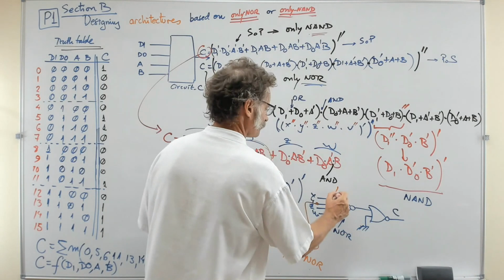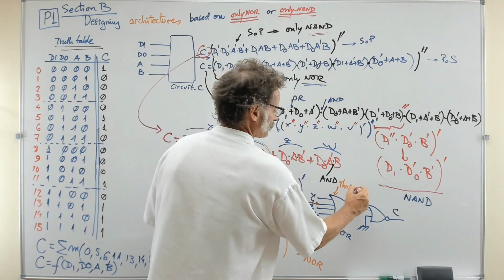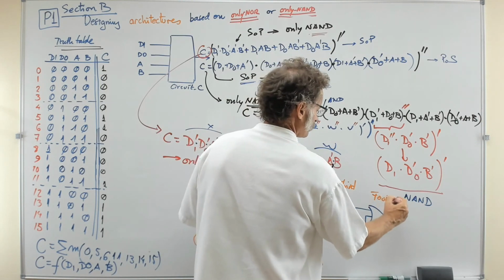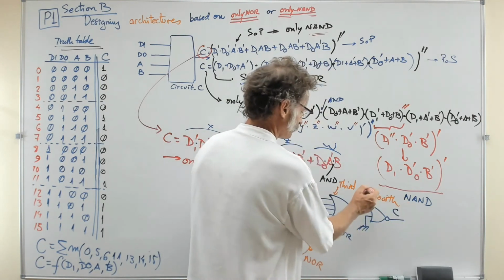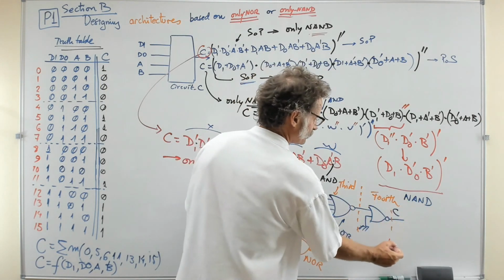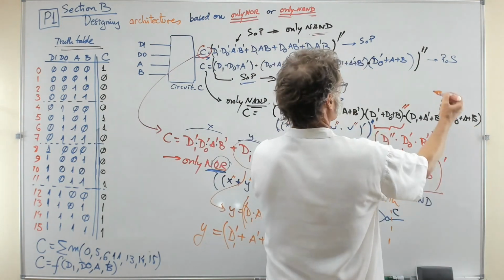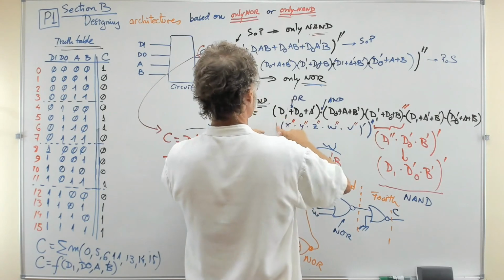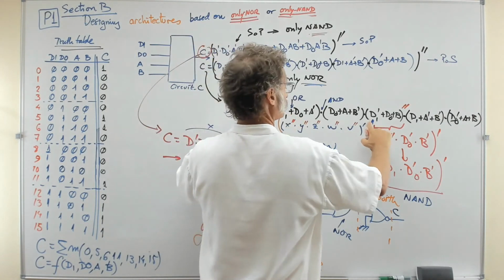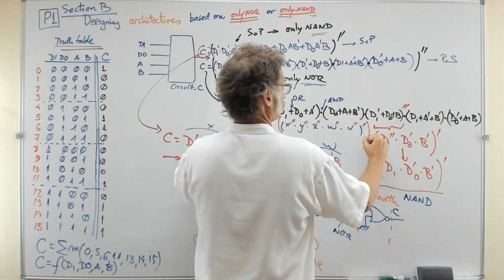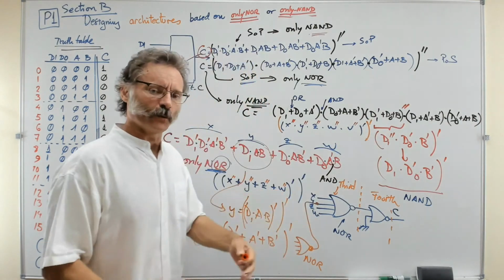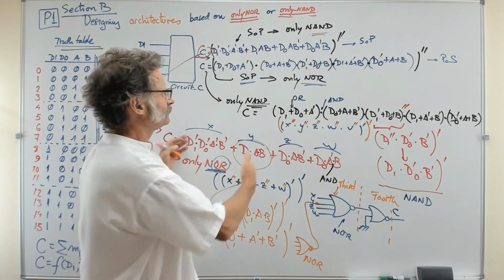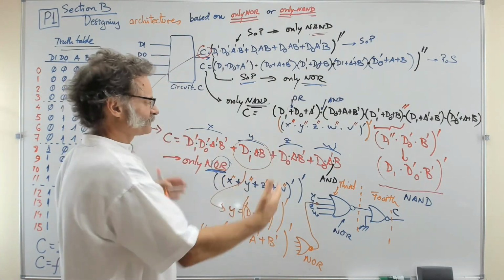This was the third level of gates, and this is the fourth level of gates. You have this extra inverter here, which is the same idea of the fourth level of gates. But it doesn't matter, in the end you have the circuit that you want.